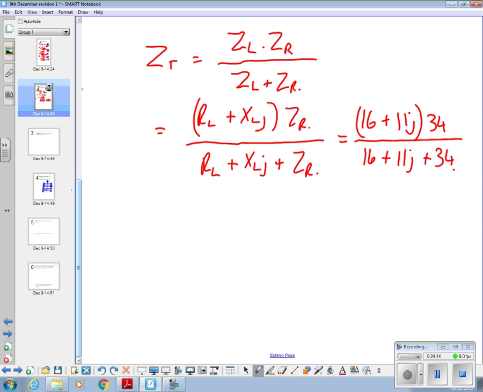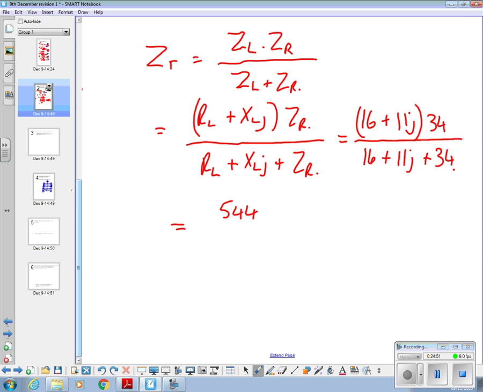How do we do this multiplication, Tom? Top line. 34 times 16, which comes out at 544. No, we haven't finished this yet. Plus 11j.